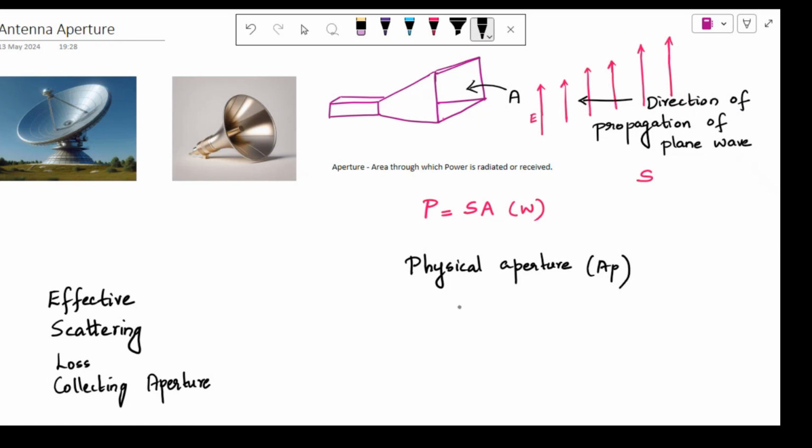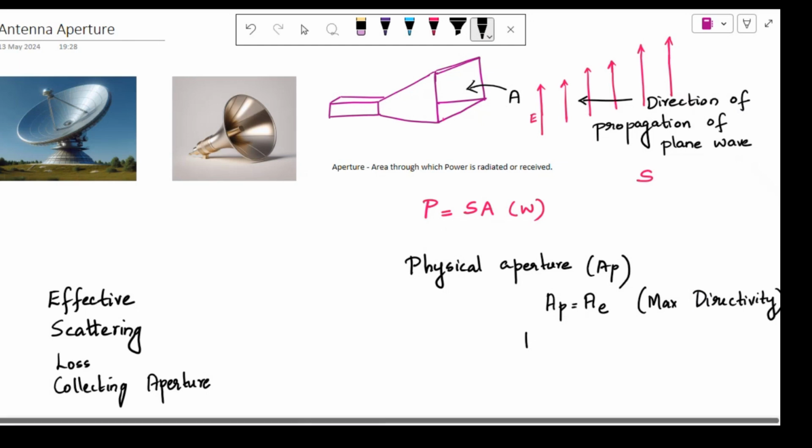So if there are no losses, we can assume that the physical aperture is equivalent to the effective aperture, and this is when you will have the maximum directivity. Whenever we mention the maximum directivity, that is the ideal situation where there are no losses, which is not possible. But in such cases, we can assume that the physical aperture is equal to the effective aperture.